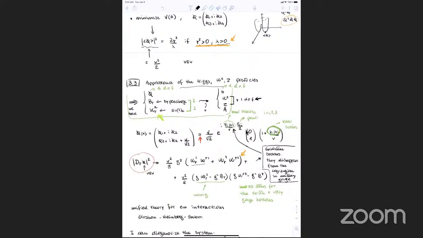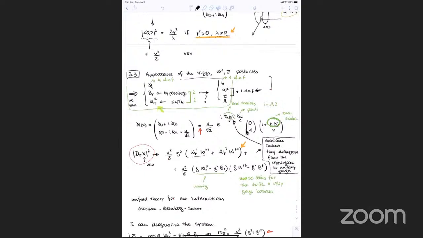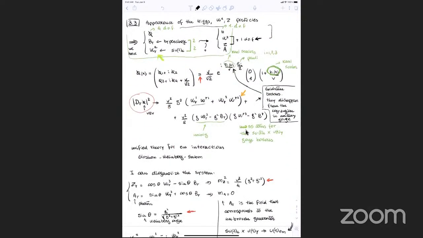So, my question is that linear combination you have written for Z mu and A mu, is it fixed, that Z mu is always written with the negative and A mu is positive, or can we flip it? Is it random? Yeah, no, it's written that way. Simply when you diagonalize the system, you find eigenvectors.